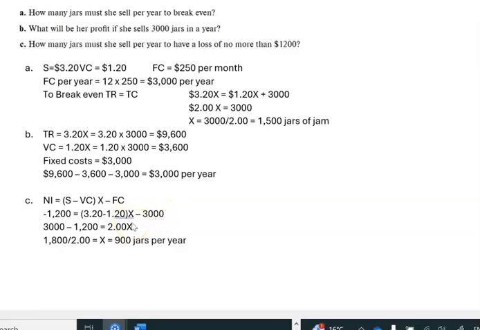So again, change the equation around, get rid of the 3,000 on each side. So then we've got 3,000 minus 1,200 equals 2x. That gives us 1,800 divided by 2 means 900 jars per year.